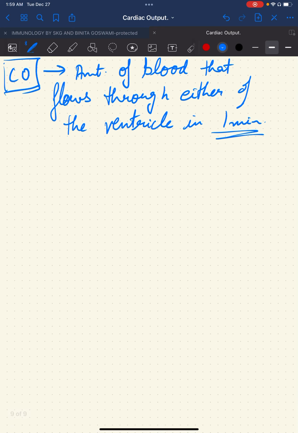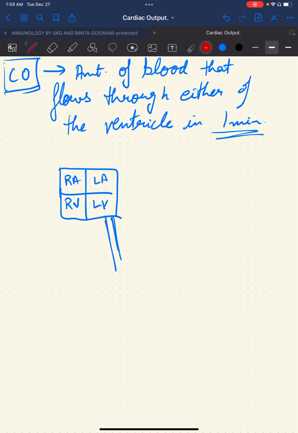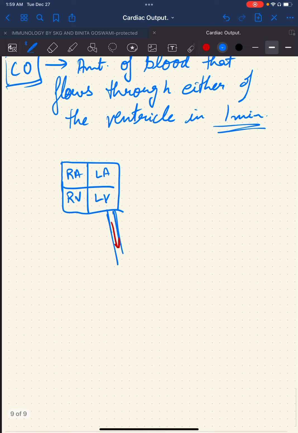So suppose this is my heart. From here my aorta is leaving, from here my two vena cava are opening.